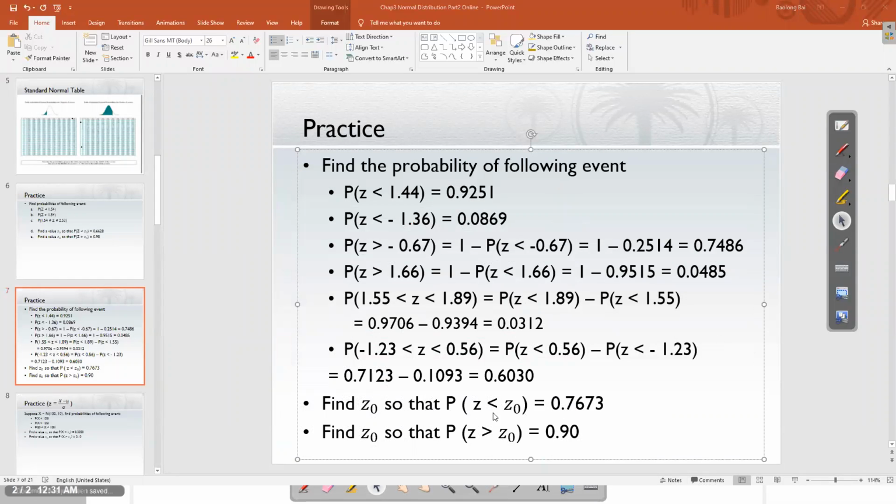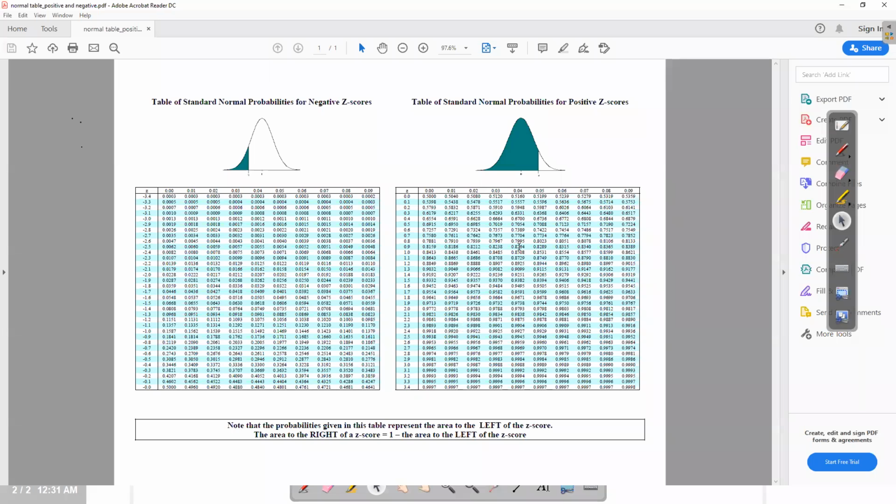For the first one, when you have a smaller than sign already, that's consistent with the z-table. All we need to do is match a probability on the z-table and find the corresponding z-score, right? So we need to find a probability of 0.7673. All the probability values are inside the table. So we need to look for 0.7673.